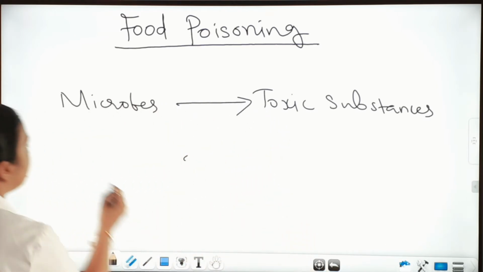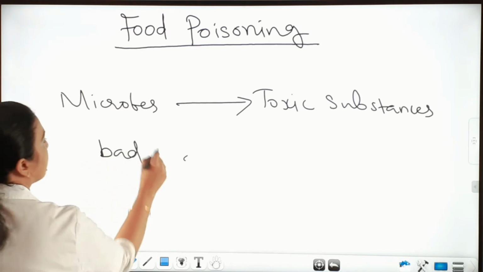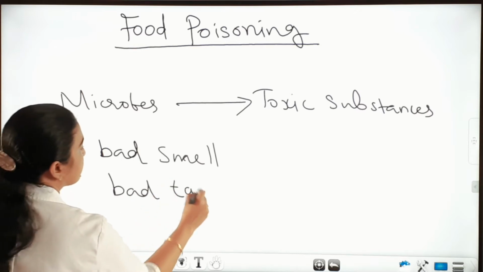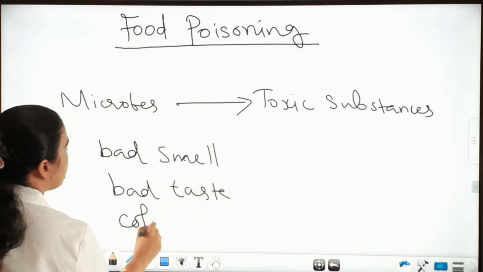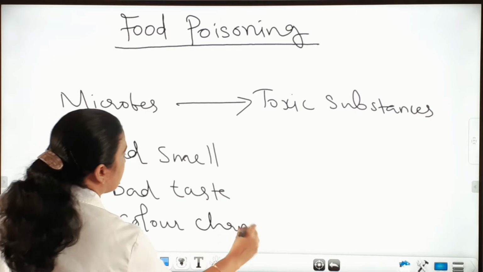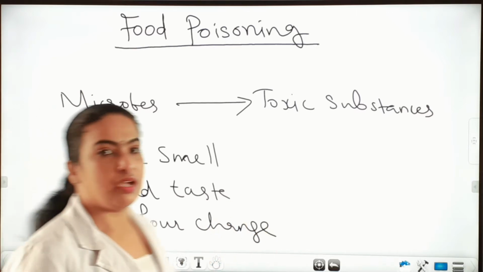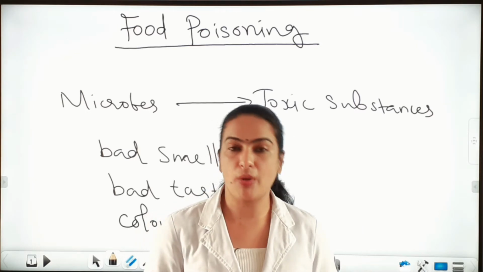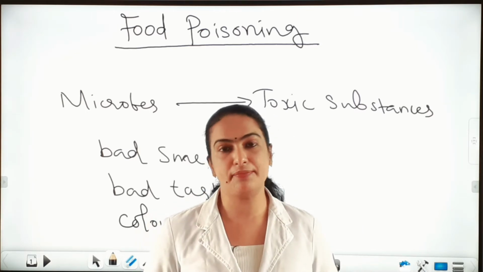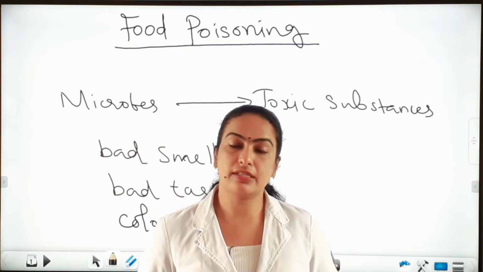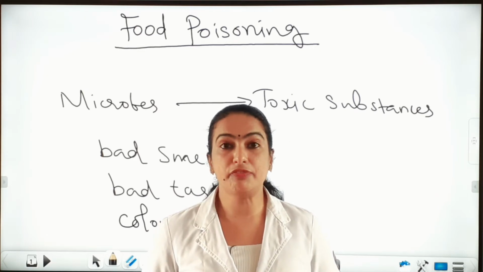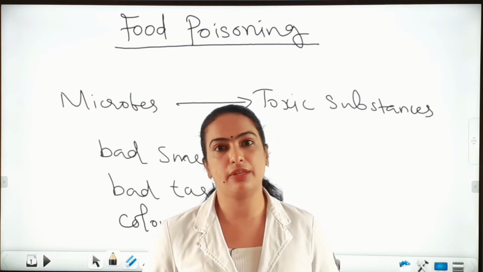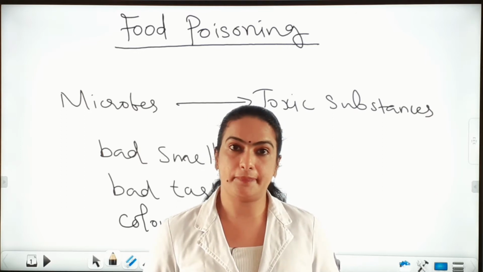And that food emits a bad smell, then bad taste, and color also changes. Okay, so the microbes can grow on food items and make it poisonous and unfit for consumption, and that is called food poisoning. The food poisoning causes severe illness or even death of the person.